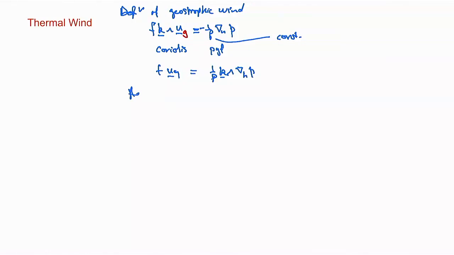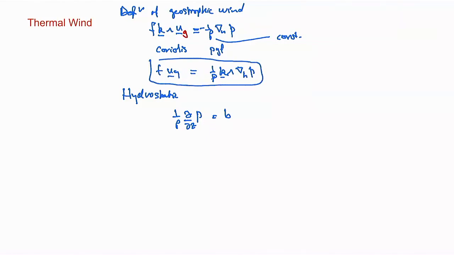Hydrostatic balance. Michael wrote this down, and that is 1 over rho d by dz of P equals B. If I differentiate this with respect to z, I get f du_g/dz equals k cross, I'm going to put the rho inside because it's a constant, d by dz of 1 over rho P. What's that?